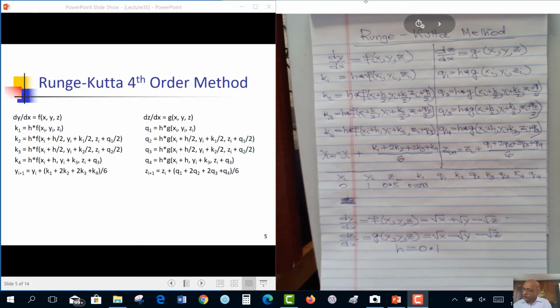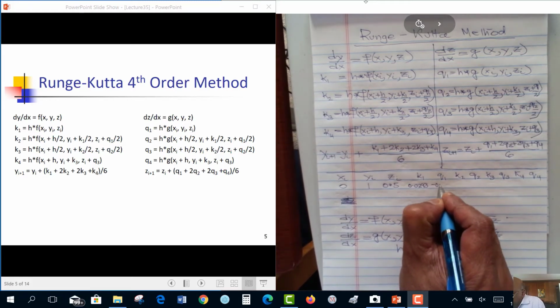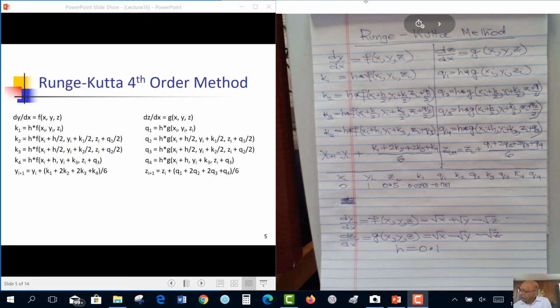I'm going to keep 4 digits. Then Q1 is 0.1 times square root of 0 minus square root of 1 minus square root of 0.5. So we will get negative 0.1707.